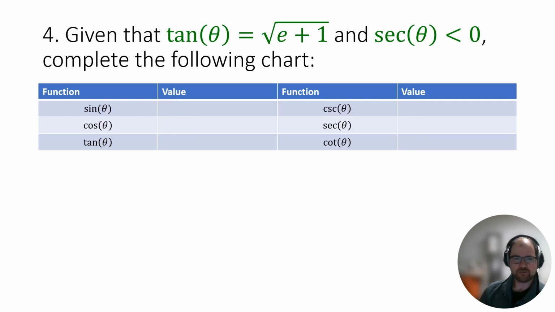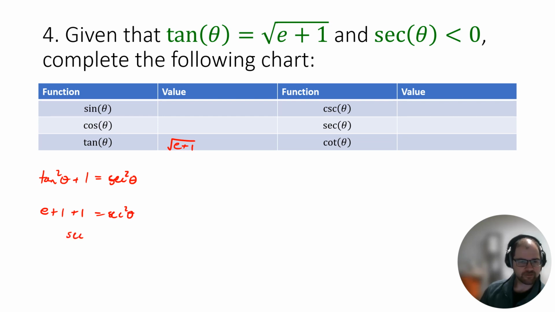Okay, tan theta is root e plus 1. Let's remember our identity, tan squared theta plus 1 is equal to secant squared theta. Since tan theta is the square root of e plus 1, tan squared is just e plus 1 equals secant squared theta.